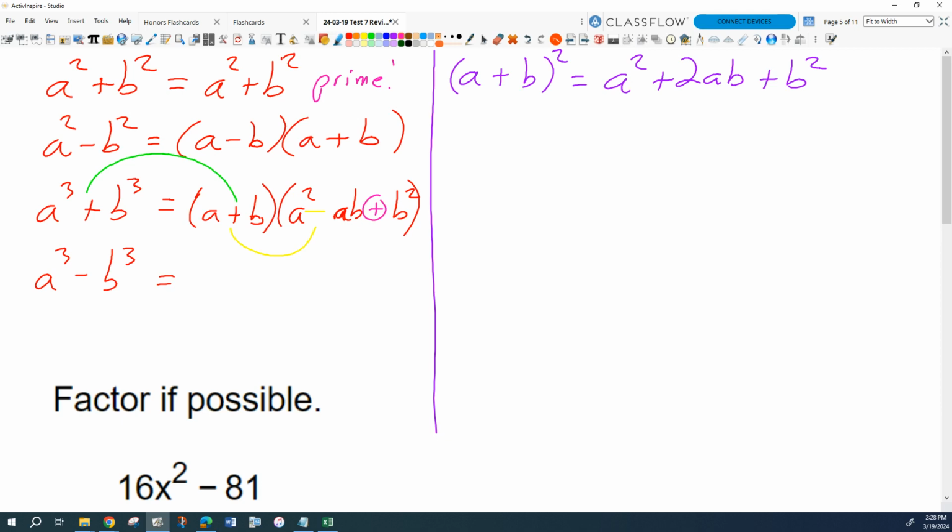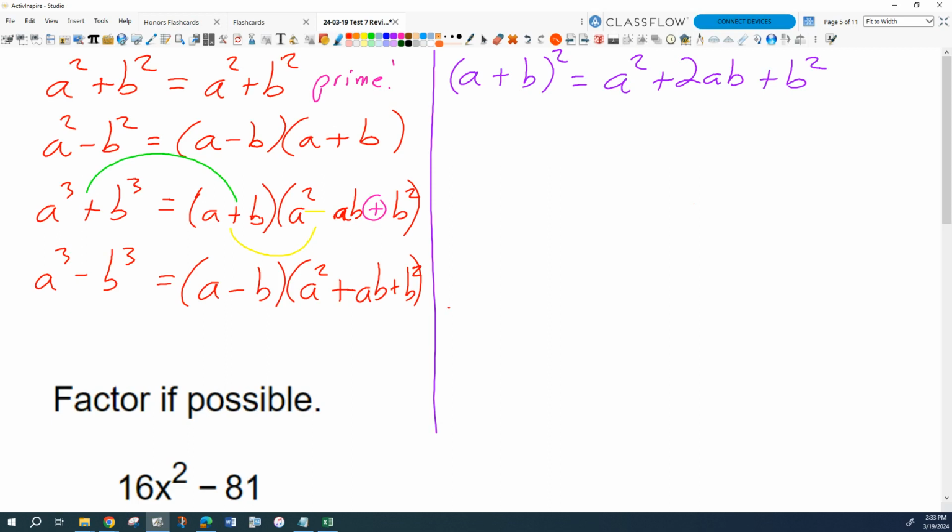So what am I going to get with my difference of cubes when I break it up into a product of factors with parentheses? A minus b, same, times a squared, plus, I got to go opposite, a times b, plus b squared. Okay, got it? So we got our patterns.